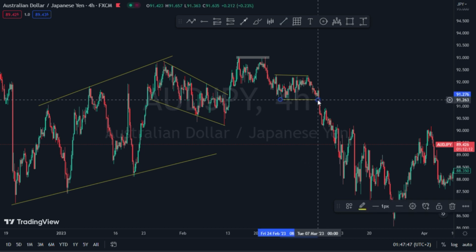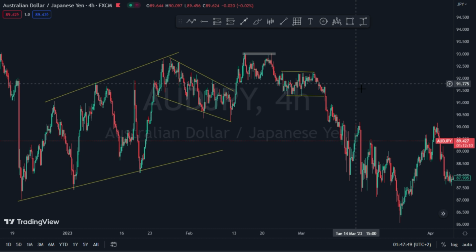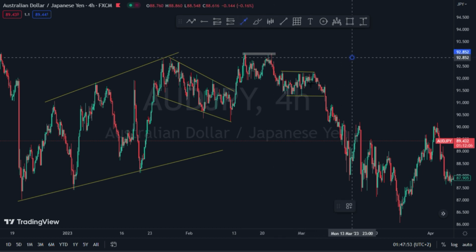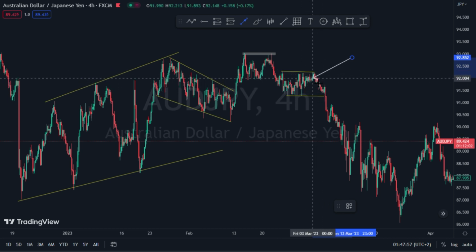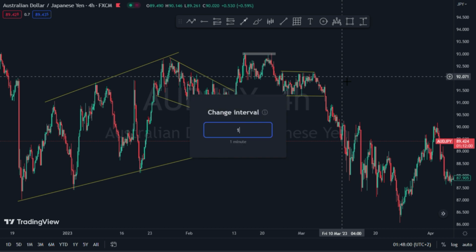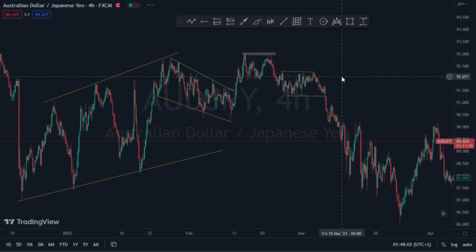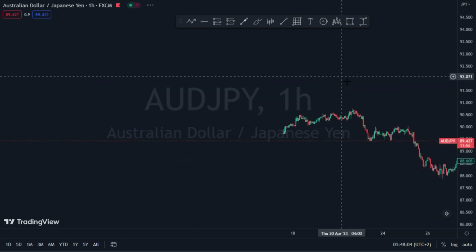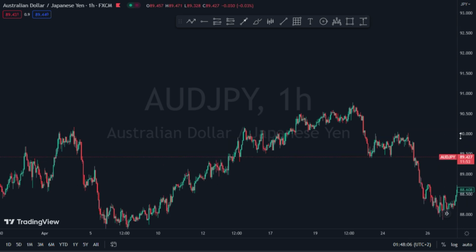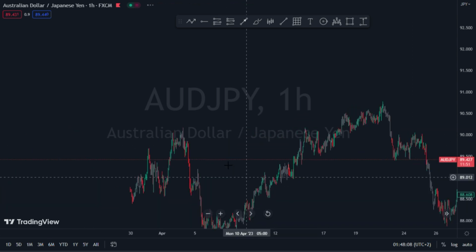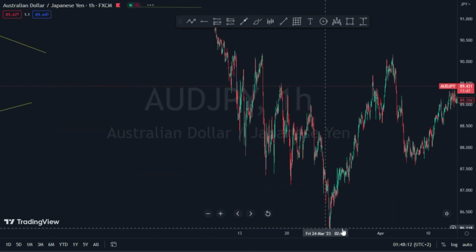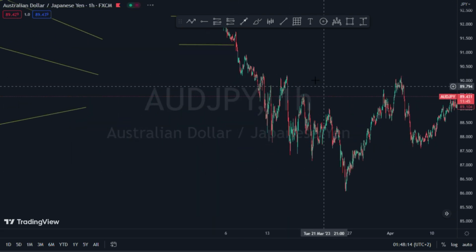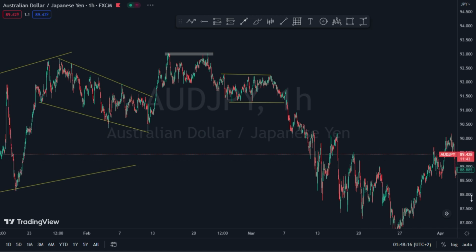So what we want to do is to focus much more on how we could have scaled in on this trade, right? So what we want to do is to go onto the 1 hour time frame, which is the time frame that we use to execute the market and to also analyze the market, right? So we use the 1 hour time frame to enter the market, or to just analyze much more deeply into the market, right?